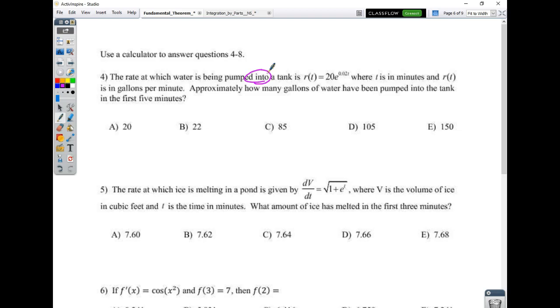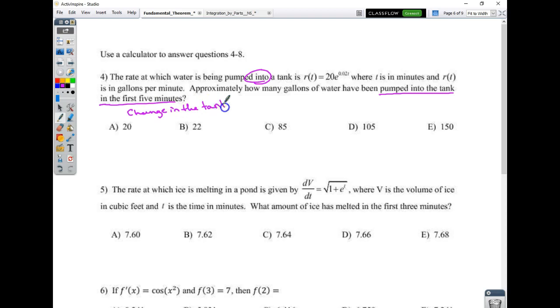So it's being pumped into a tank at R of t equal to that function there. Approximately how many gallons of water have been pumped into the tank in the first 5 minutes? One of the things I'm looking at is how many have been pumped into the tank. So if that's the case, I really just want to know the change in the tank.